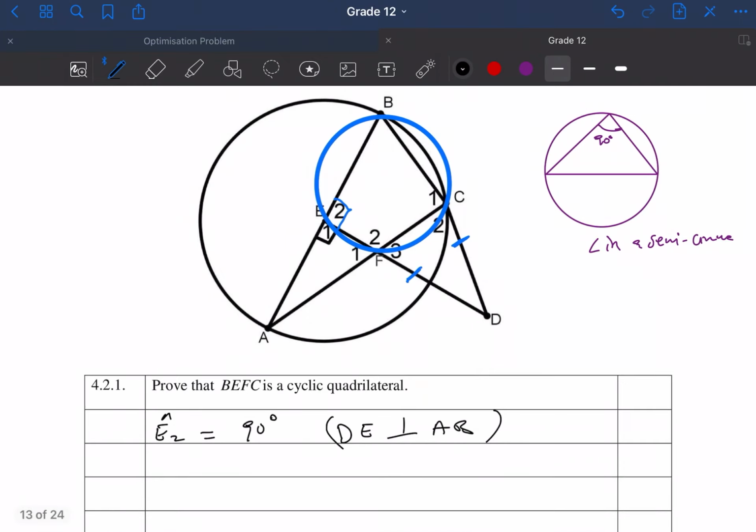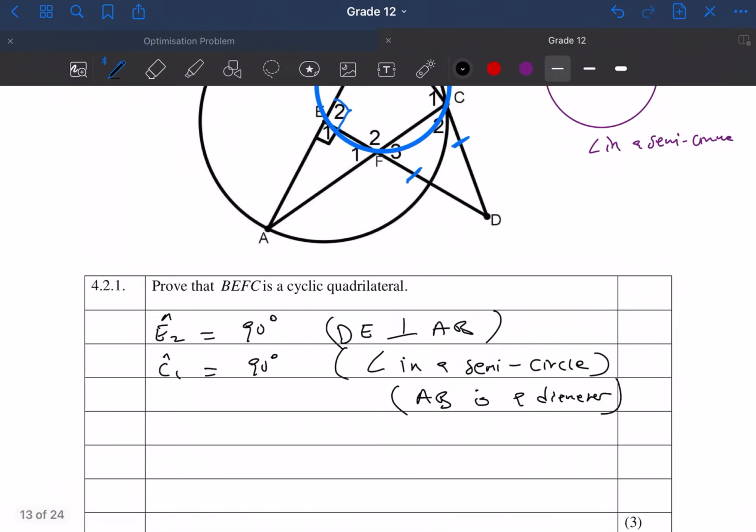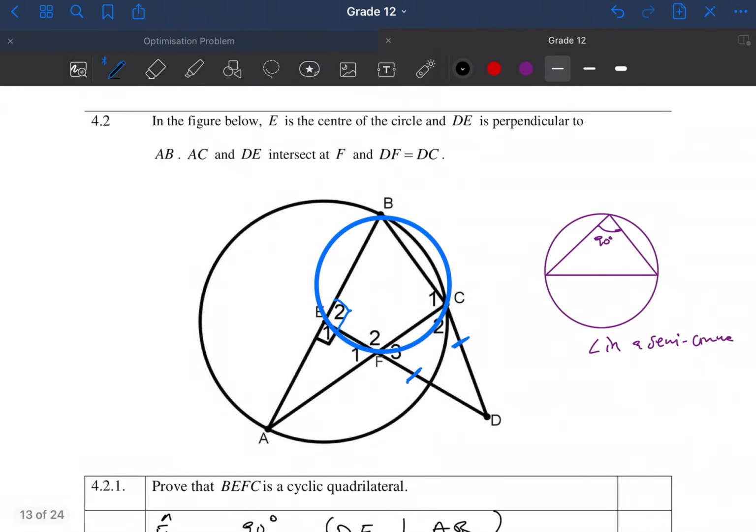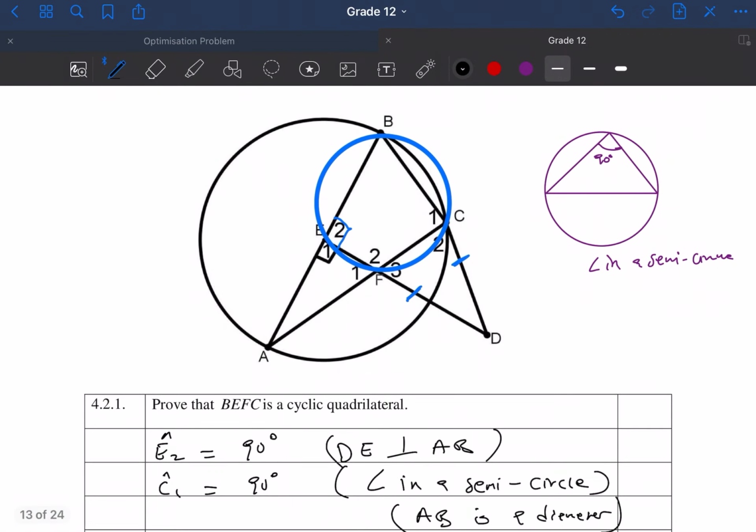So you can say then angle C1 is equal to 90 degrees. Why? It's because it's an angle in a semicircle. Or you can simply say because AB is a diameter, therefore C1 is an angle, and that same angle is 90 degrees.